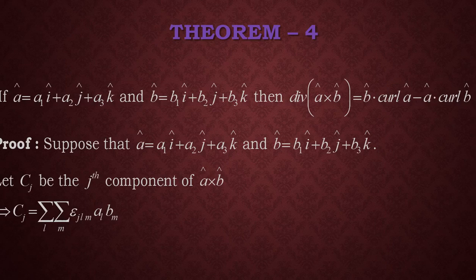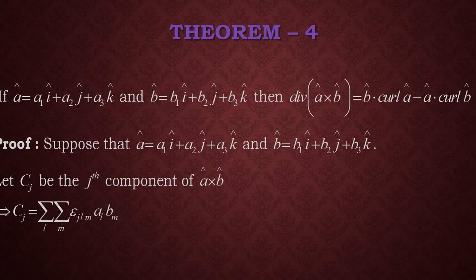Here we suppose C1 equals the coefficient of I cap, that is C1 equals A2 B3 minus A3 B2. C2 is the coefficient of plus J cap actually. So C2 equals A3 B1 minus A1 B3. The last component C3 equals A1 B2 minus A2 B1.